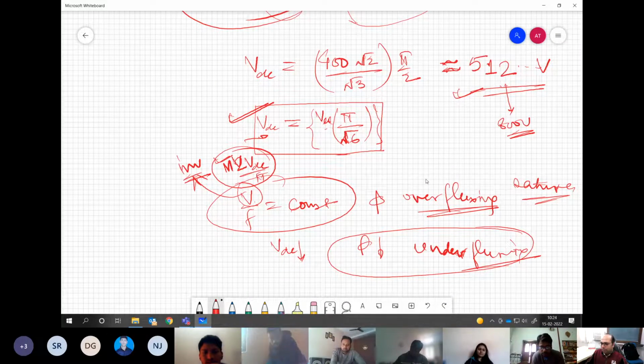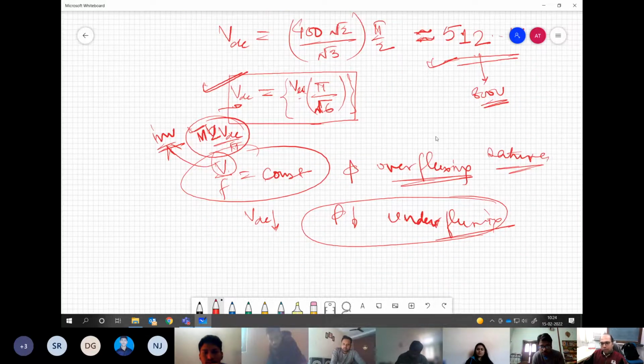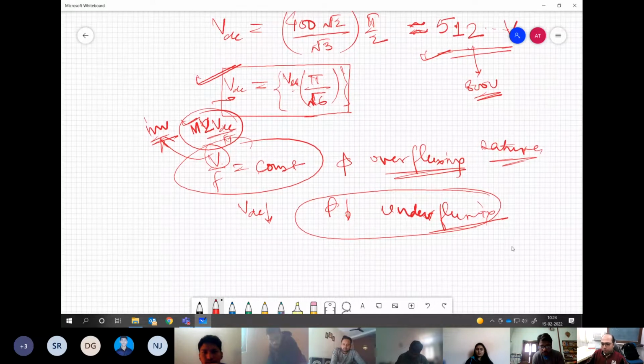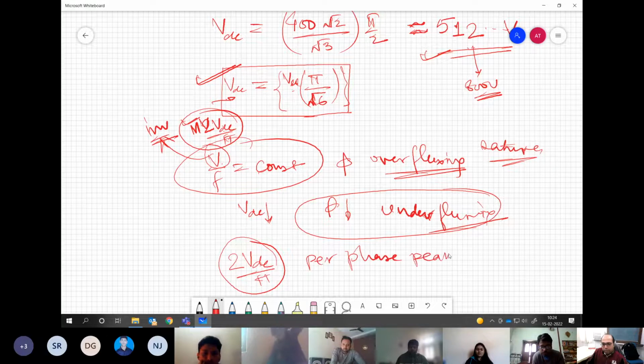You understand my point? So when we are operating with the PWM, we should know the maximum amount of voltage that it can apply on this system. In this case, it is 2 VDC by pi. This I am talking about as the per-phase peak value. This is the maximum value it can apply.